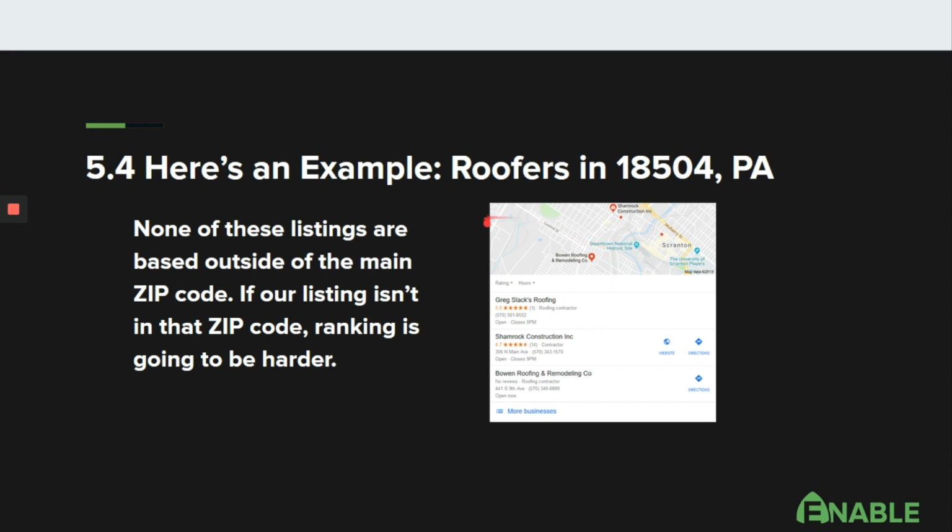So if there's a wider map, then maybe the competition is not as fierce. But in this case, there's a lot of local competition, and you'd want to have your business listing's address well within the zip code or as close to it as practical.